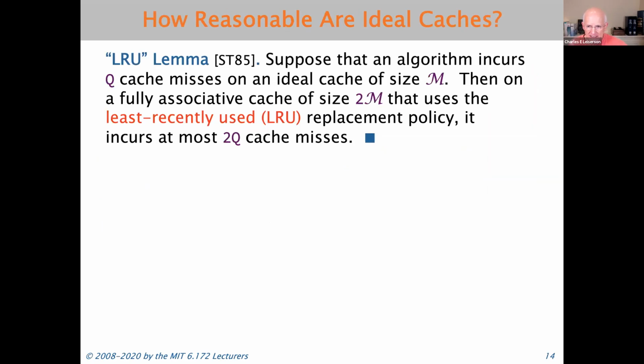Now, the idea of a clairvoyant, omniscient replacement strategy sounds like major nonsense with no bearing on the real world. But it turns out it's not. It's amazing. The LRU lemma, which was proved by Daniel Sleator and Bob Tarjan about 35 years ago, provides a theoretical justification.